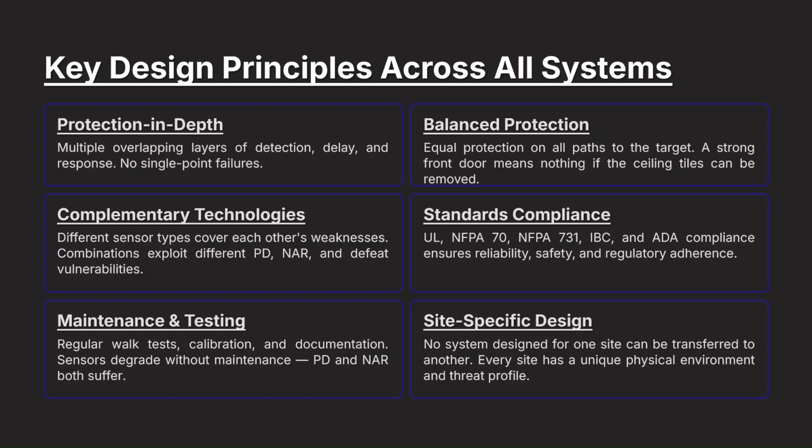Compliance with standards ensures systems meet established benchmarks for safety and performance. Regular maintenance and testing are critical to sustain system effectiveness, while site-specific design ensures solutions are tailored to the unique environment and threat profile. Together, these principles form the foundation of a strong and dependable security system.